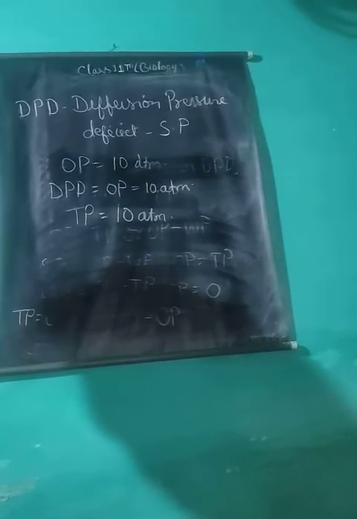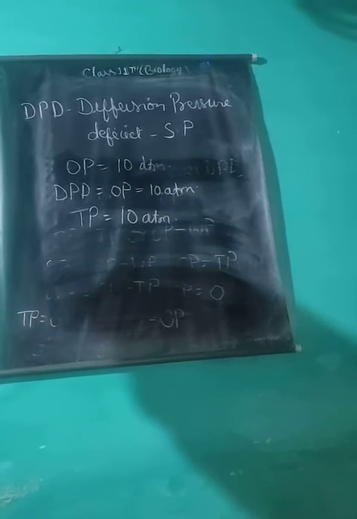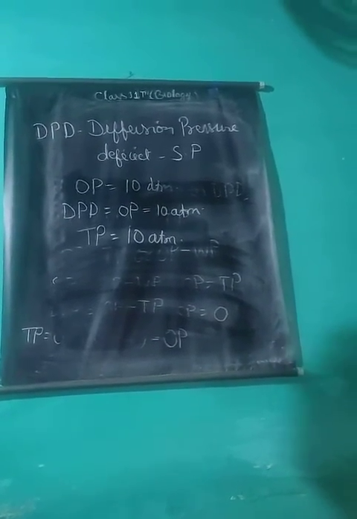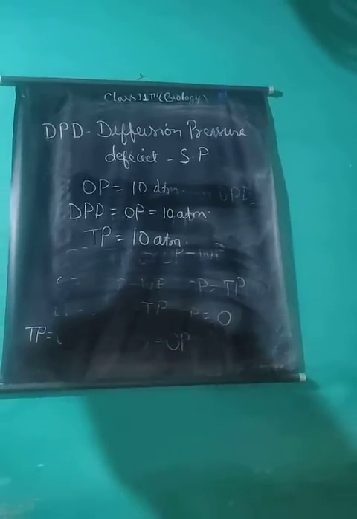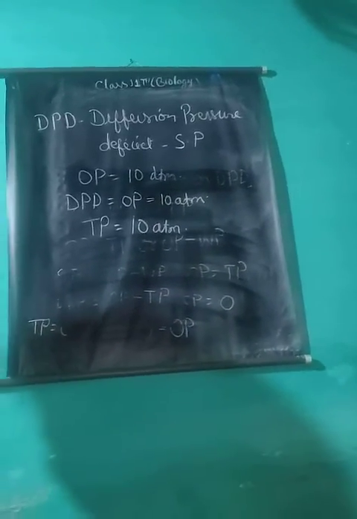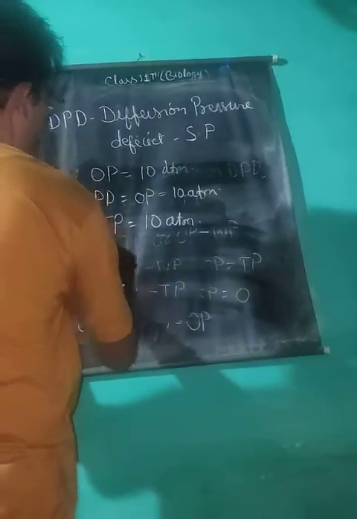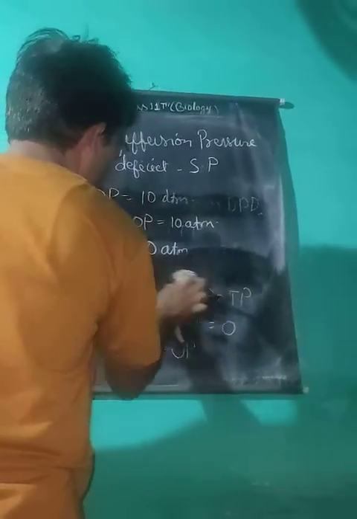So OP was the same when the cell was flaccid and turgid, but its sign gets changed. In the condition of flaccidity, OP, suppose it is positive 10 atmospheres. In turgidity, it becomes negative.